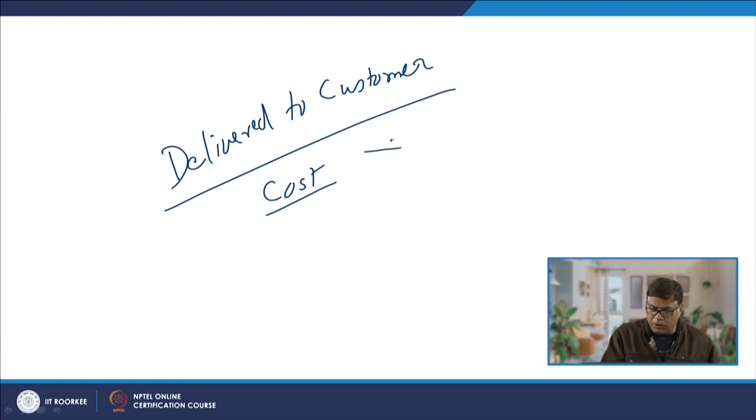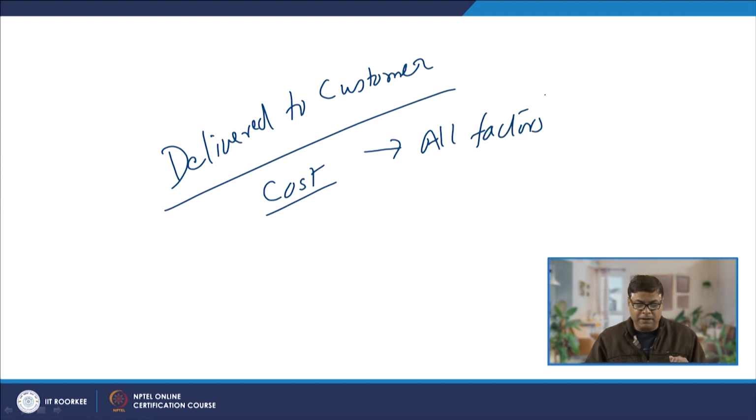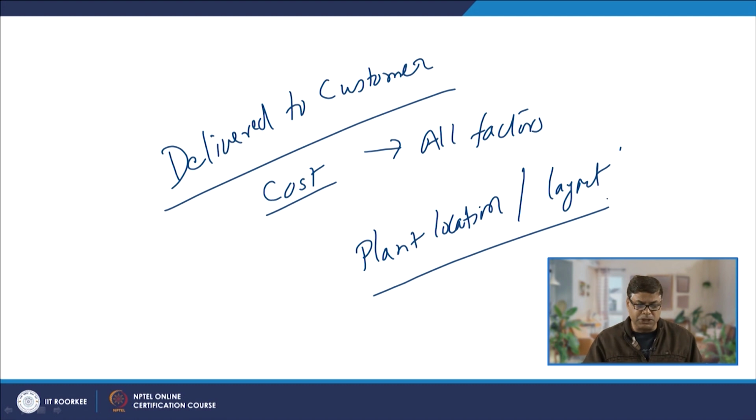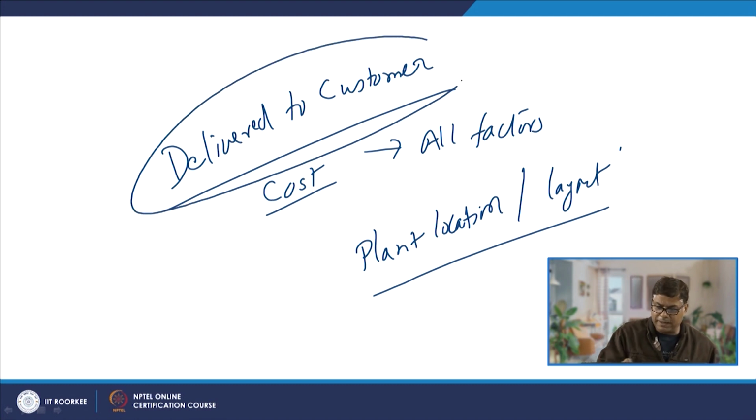And so, all the factors which are affecting the cost at which it is being delivered to the customer must be considered, and accordingly we should suitably choose the plant location and the suitable layout for the plant, so that it is in position to provide the product at lowest possible cost and the desired quality.